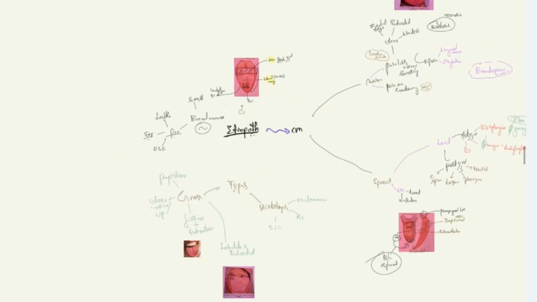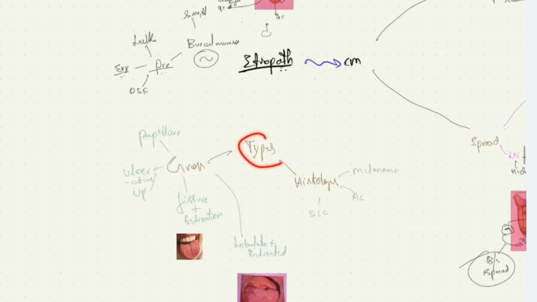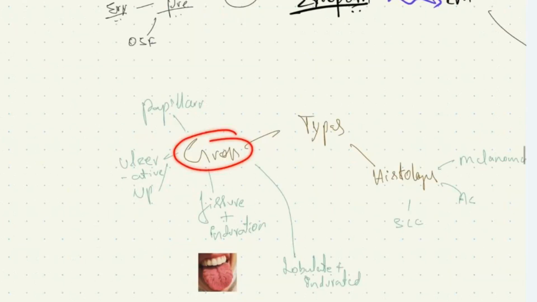Now, what are the types of tongue carcinoma? We have classification according to gross and histopathology. According to gross, we have papillary lesions where we see finger-like projections. We can see ulcerative or ulceroproliferative type where we see ulcer, the characteristic findings of which I will mention shortly.